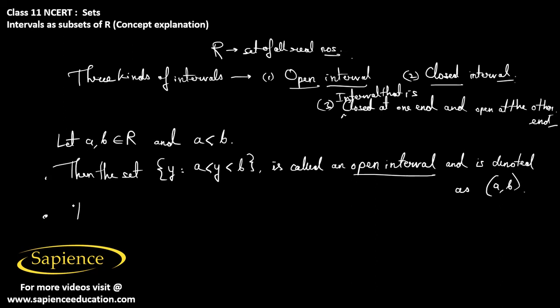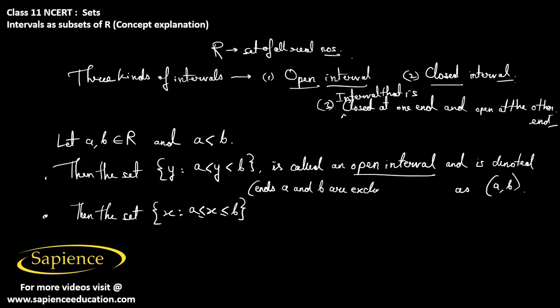Then the set which contains all those X such that X is greater than or equal to A and less than or equal to B is called a closed interval, denoted as [A, B]. In the open interval, the endpoints A and B are excluded, they are not included.